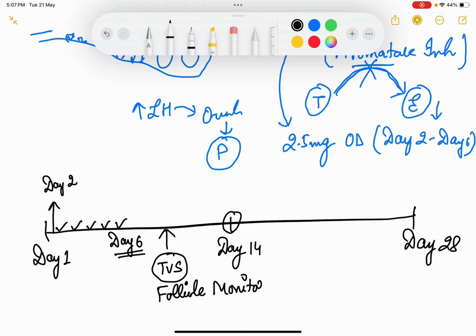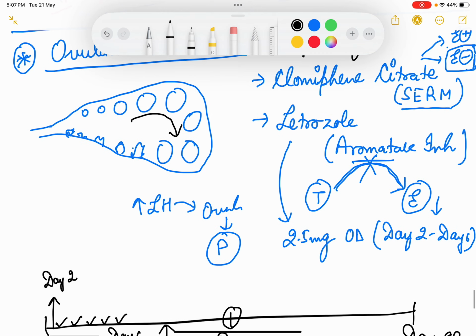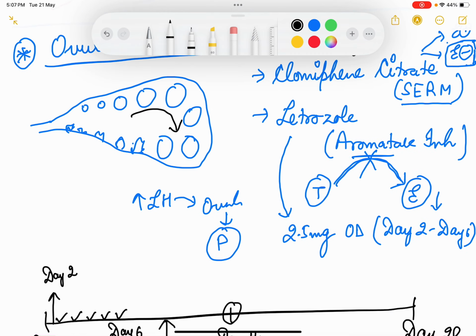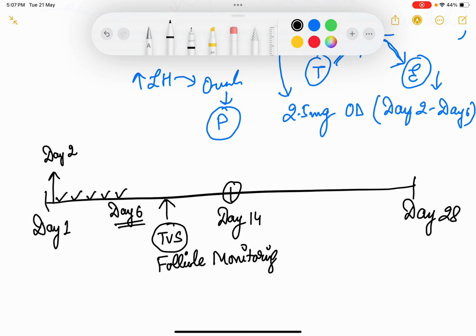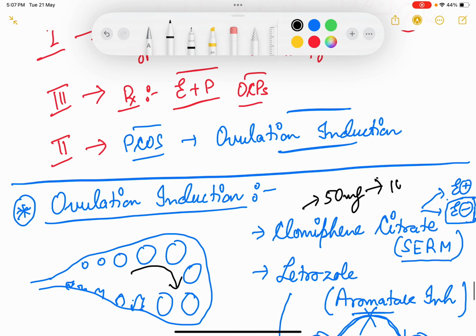So, follicular size, we will see whether follicles are increasing in size or not after giving the letrozole or clomiphene citrate. If it has not increased in size, then in the next cycle we will increase the dose of clomiphene to 100 milligrams, and then we can give up to 150 milligrams.